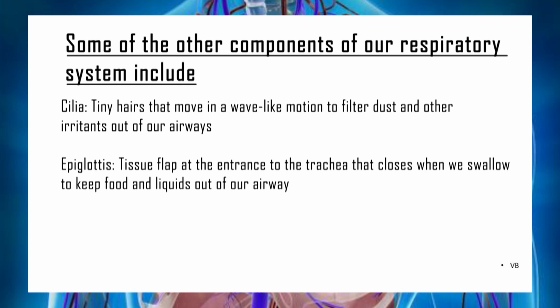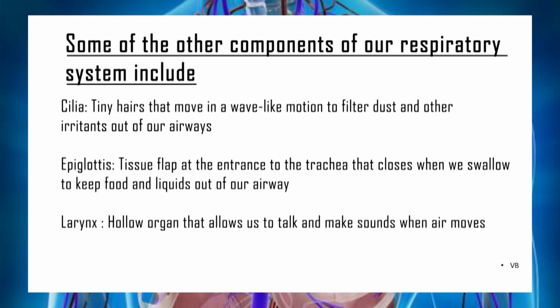Another one is the epiglottis. The epiglottis is a tissue flap at the entrance to the trachea that closes when we swallow to keep food and liquids out of our airways. Then the larynx, or voice box, a hollow organ that allows us to talk and make sounds when air moves in and out.